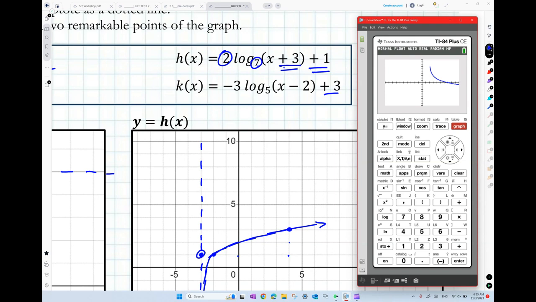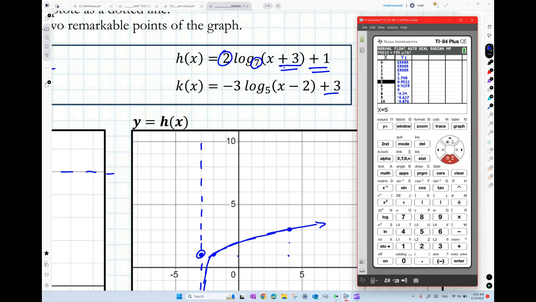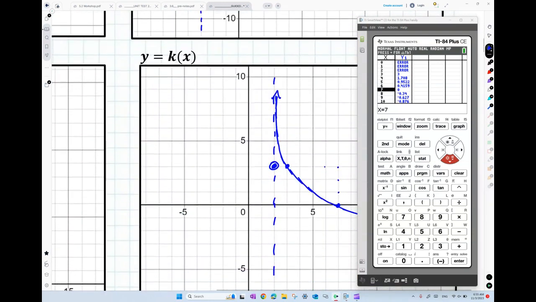but you could also press second graph to go to the table, and then use the up and down arrow. So let's say that I want, when x equals, let's say 5, I should have almost 1, which is what I hit here.